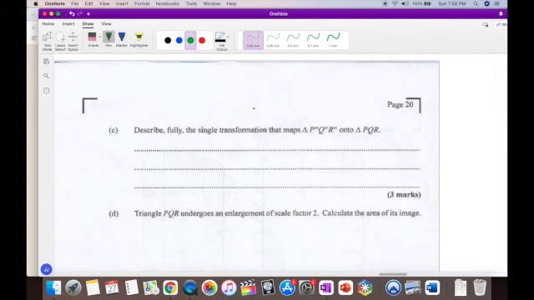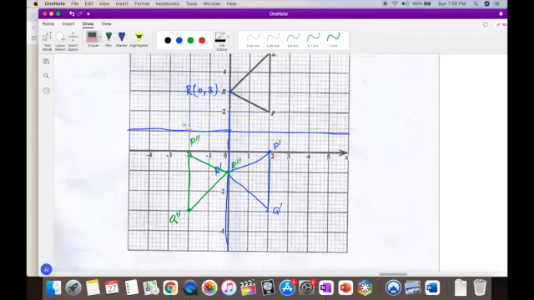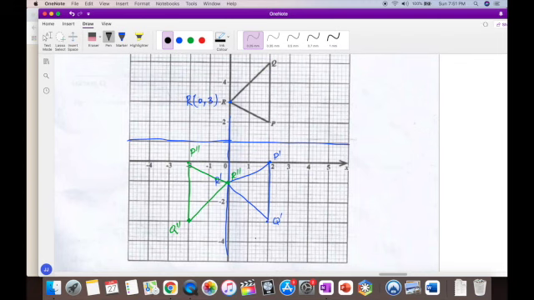Describe fully the single transformation that maps PQR prime onto PQR. Alright, so what maps the second image back to the original? So we could see here that if we look at the R's, we have this point R and we have this point R double prime.